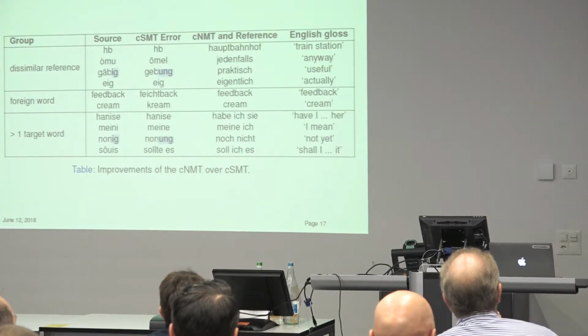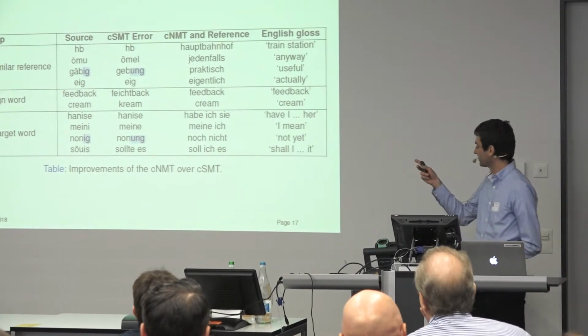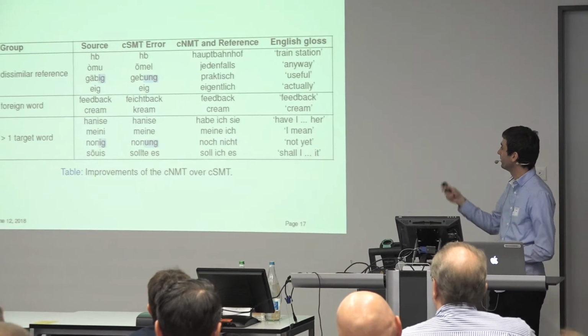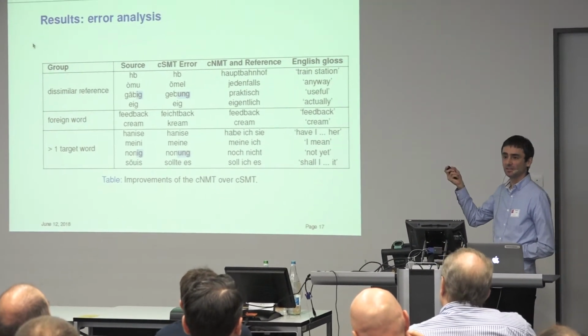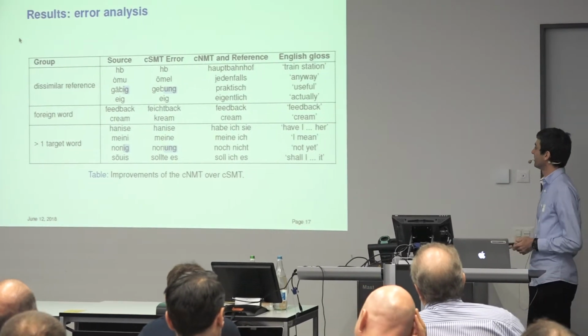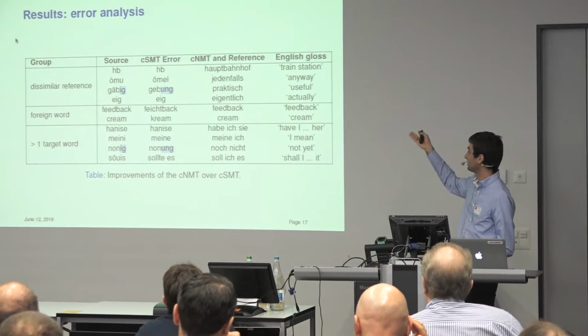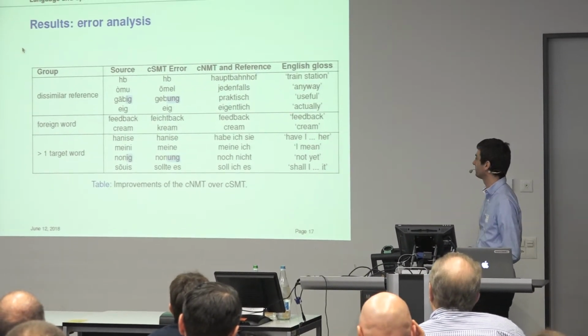Thank you. We've done some error analysis, and we've singled out some examples in which the statistical system gives a wrong prediction and the neural system gives a correct prediction. As you can see, the prediction of the neural system is the same as the reference, the manual normalization.